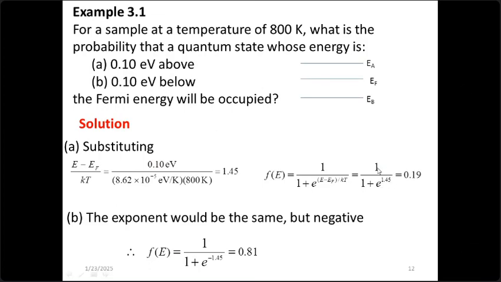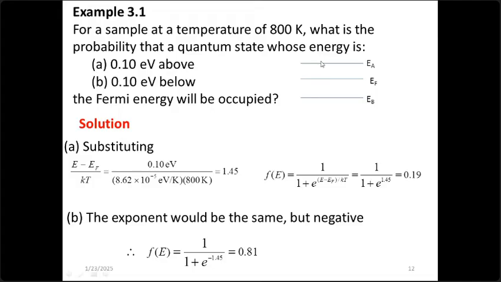You can see the Kelvin cancels out, and the electron volt cancels out. If you work out the arithmetic, it gives us 1.45. So 1.45 is the power of e.